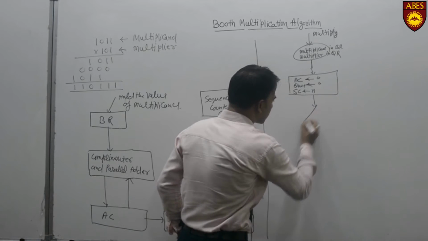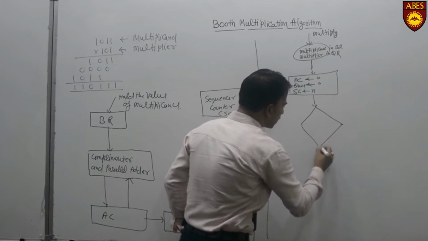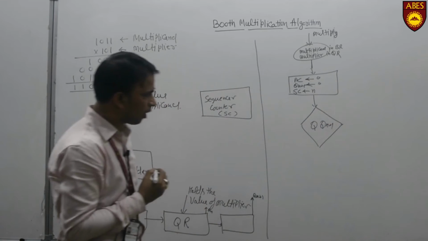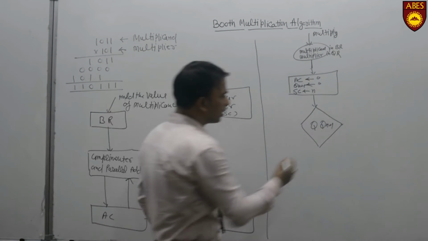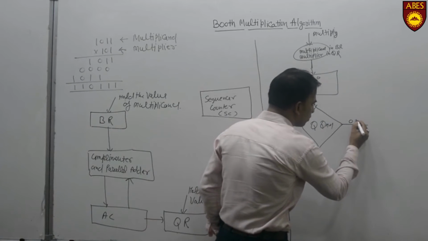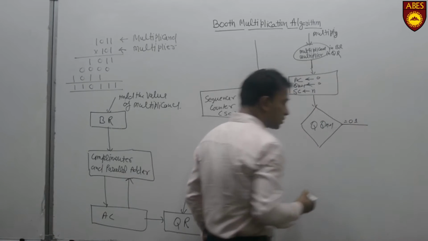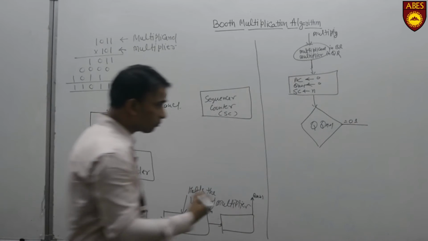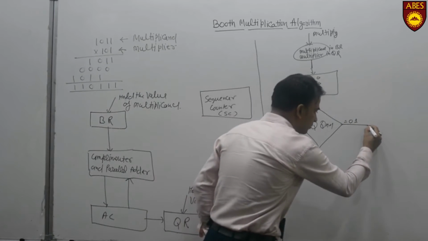Now we check the value of Qn and Qn plus 1. If the value of Qn and Qn plus 1 is equal to 0, 1, it means we have to perform the addition operation with the partial product.